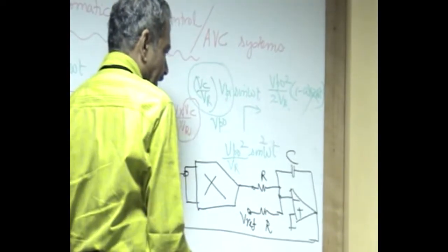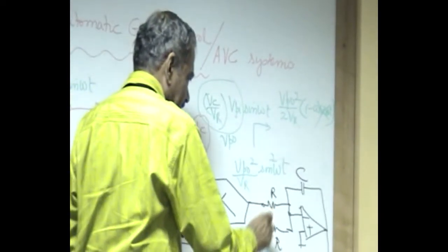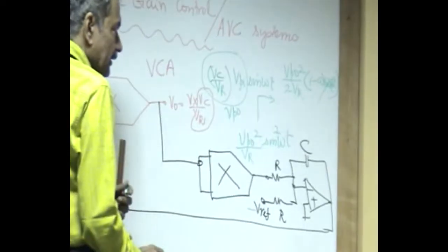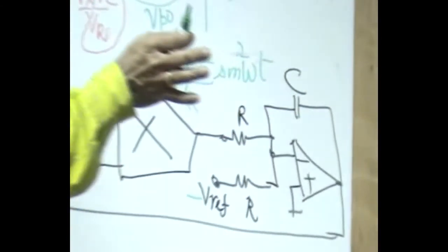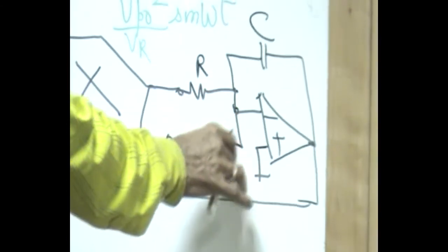If we have V reference now as a negative voltage, say minus V reference, then what happens is this capacitor will not charge only if this current is the same as this current.